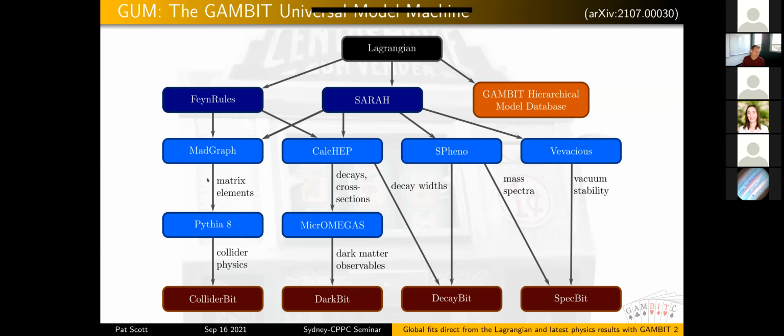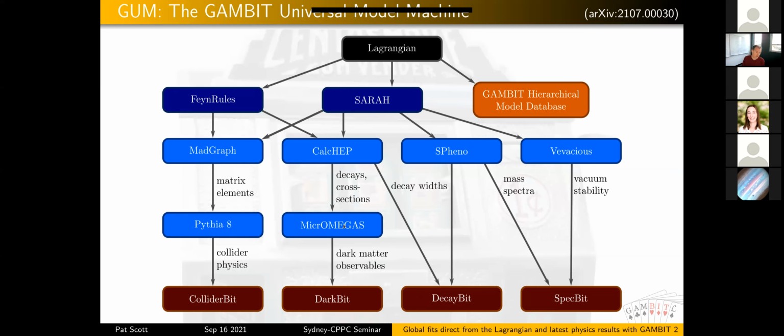We then take the matrix elements that come out of MadGraph, put them into Pythia, and hook up that new version of Pythia, along with a bunch of other code generated by GUM, to ColliderBit. That makes ColliderBit support the new model. We take the output of CalcHEP, feed it into micrOMEGAs, and we also feed those outputs into DecayBit so that we have the new decays.